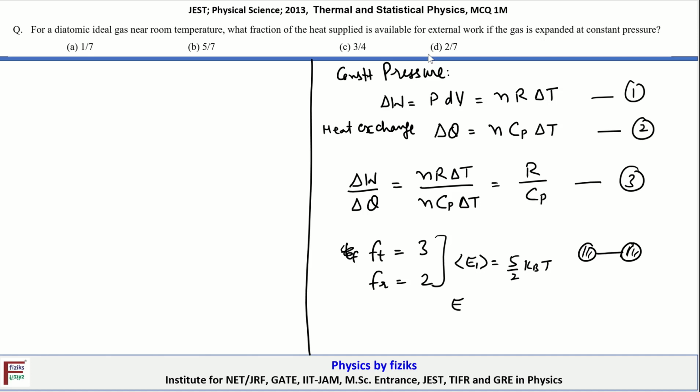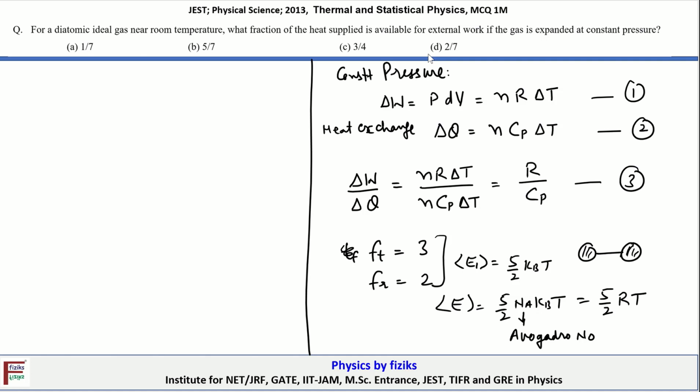Per mole, the corresponding energy will be 5 by 2 N_A kBT, with N_A the Avogadro number. Now we are calculating the average energy for an Avogadro number of molecules, so this is equal to 5 by 2 RT.